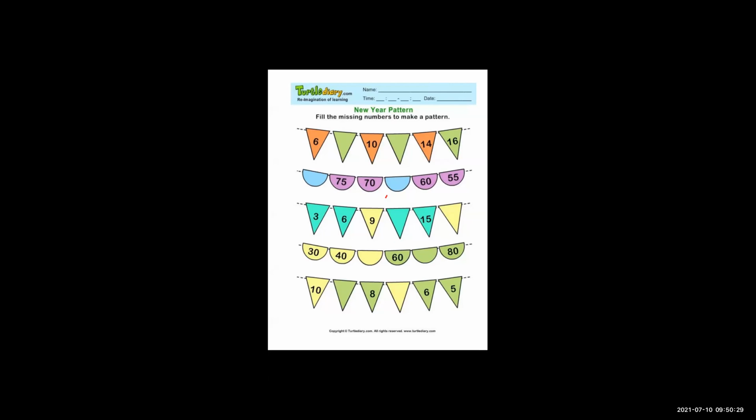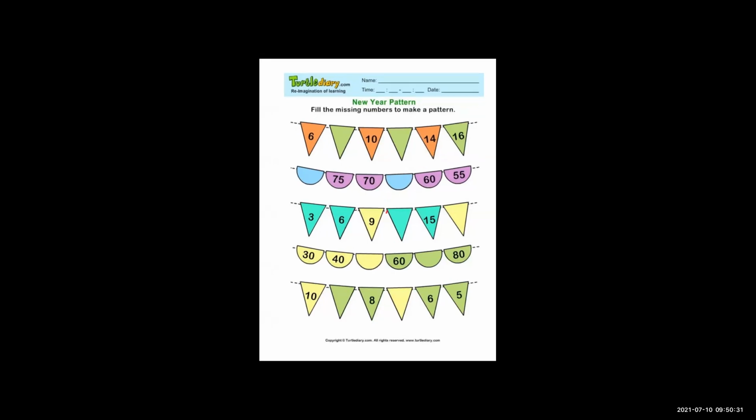We can observe here 6, then 6 plus how much gives the answer? Here 10 is also there, so we can find out the answer from here.